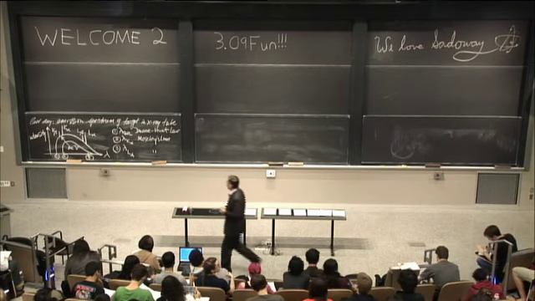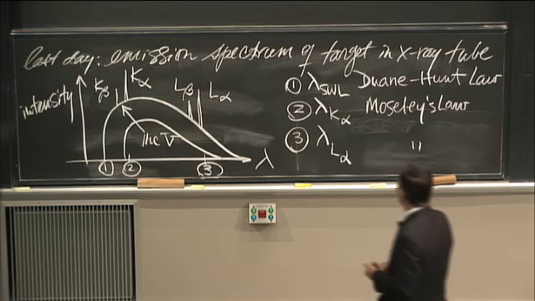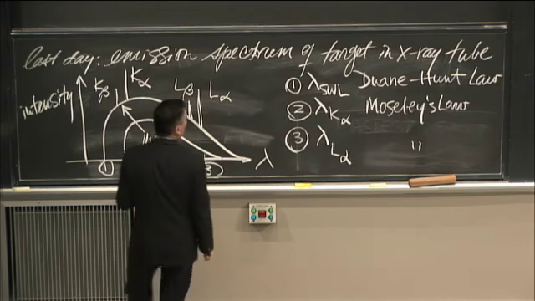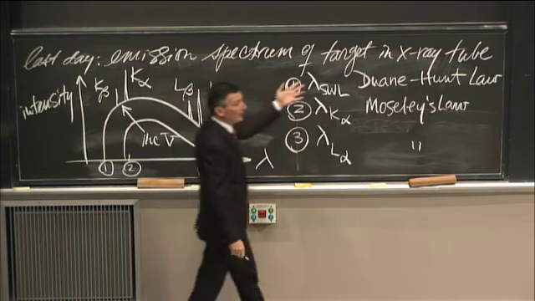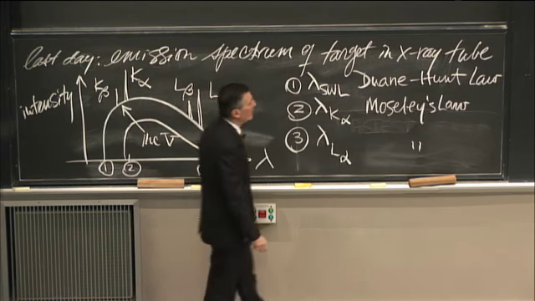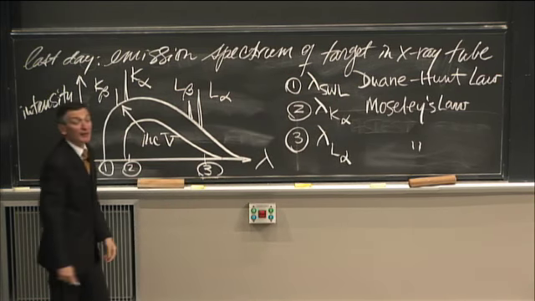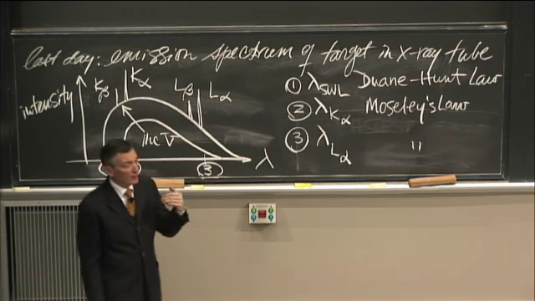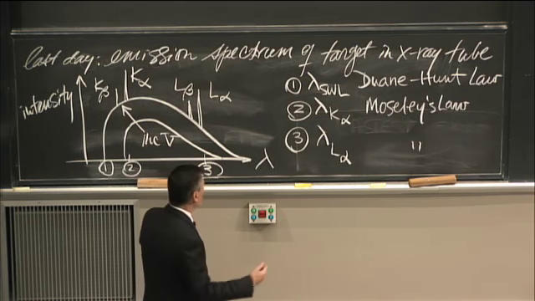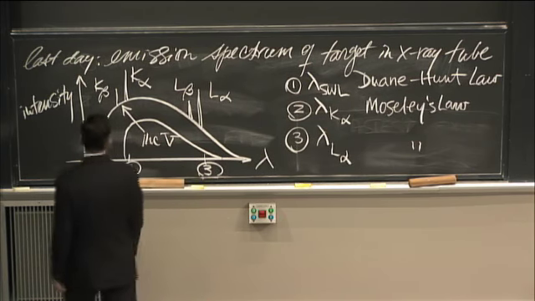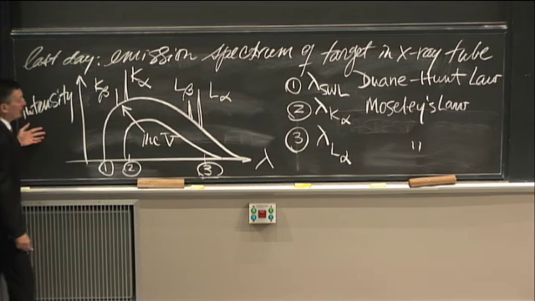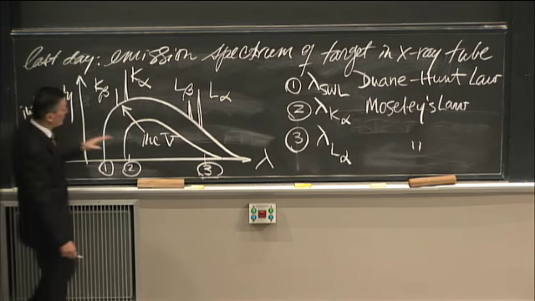last day we were looking at the emission spectrum of the target in the X-ray tube. The target is the anode, and it's being bombarded by electrons that have been accelerated across a potential difference of some tens of thousands of volts. And this was what we saw as the output, intensity versus wavelength.